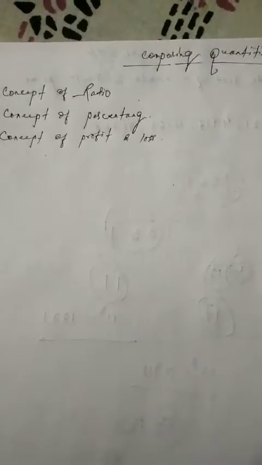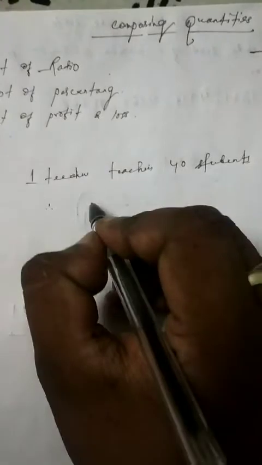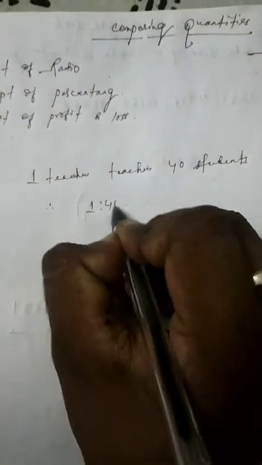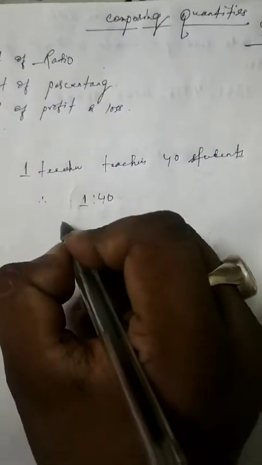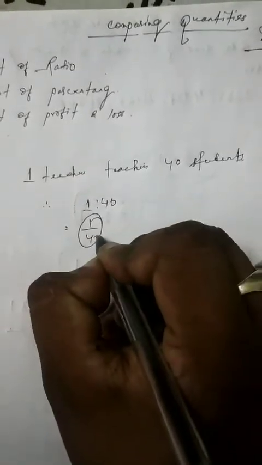If you are told from teacher to student, we can write, one teacher teaches 40 students. Therefore, the ratio of teacher to student is 1:40. Or we can write 1/40. As we are asked to write in a ratio form, we are going to write 1/40. This is the format of ratio from teacher to student.